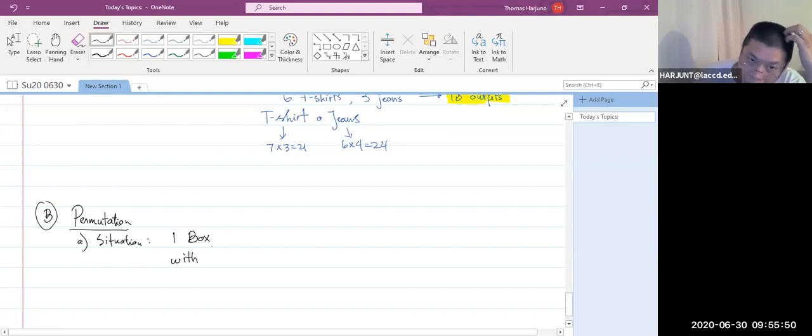Permutation: we have one category only with n different items.